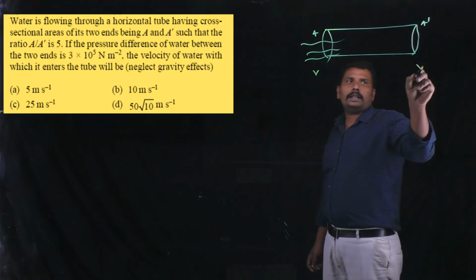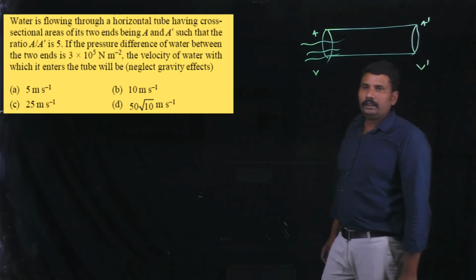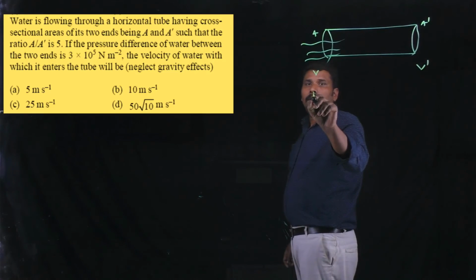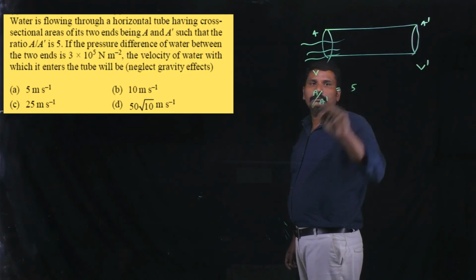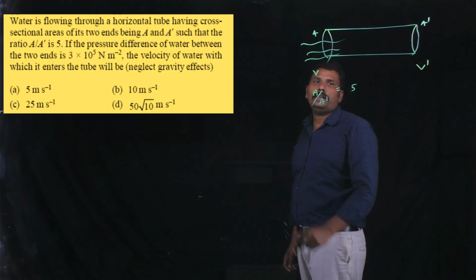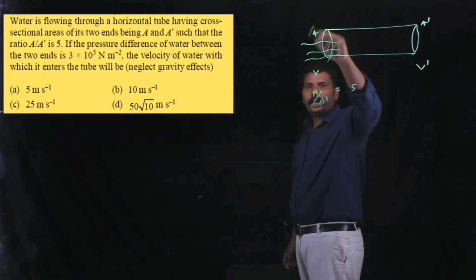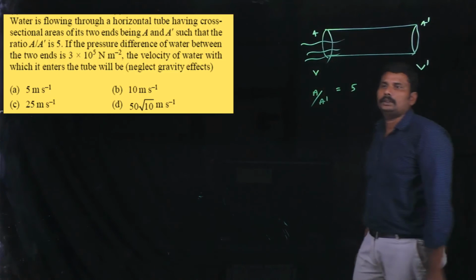At here the velocity is some V dash. In the given question, A by A dash is given as 5. It means A equals 5A dash. Here the tube has a broader neck, and here the tube has a narrow neck.